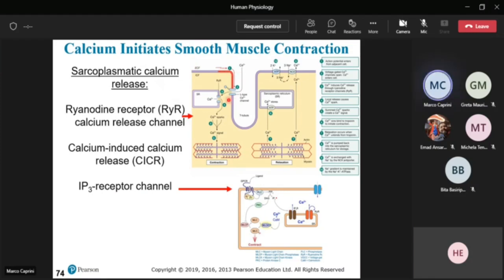And if a calcium channel is present here, calcium moves inside of the cell and activates the contraction from an electrical point of view. This one is like the skeletal one. Exactly, but without the T-tubules.